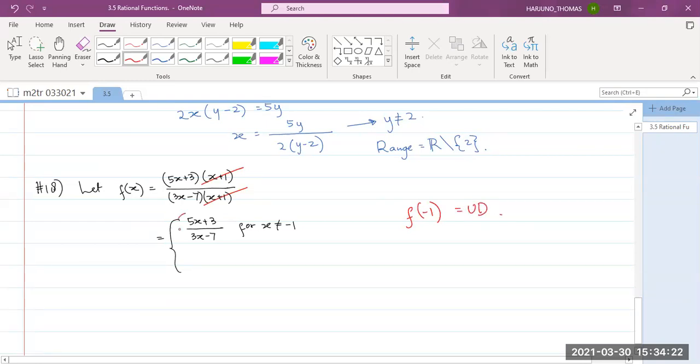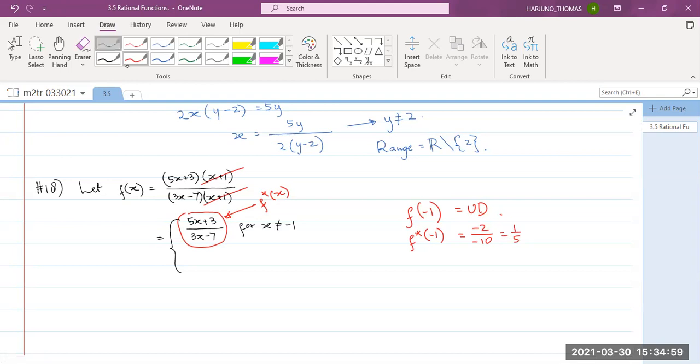While this one here, when you plug in x equals -1, it will give you a real number. So this is what we call the simplified version, f star x. f(-1) is undefined. f star (-1) is -2 over -10, which is positive 1/5. That's the difference.